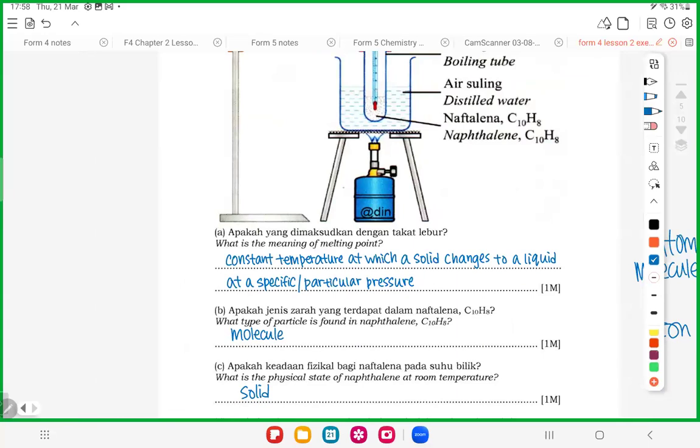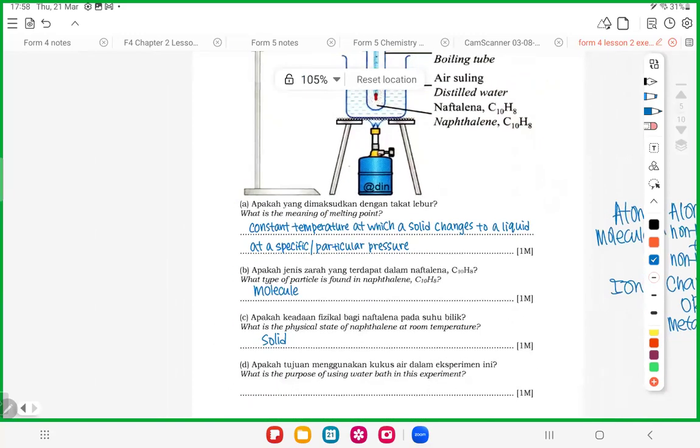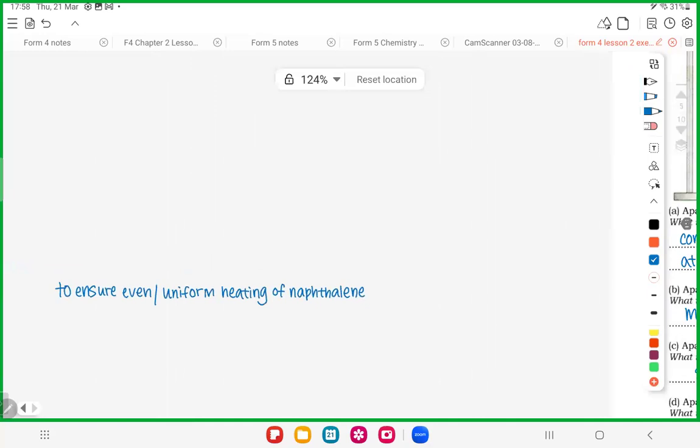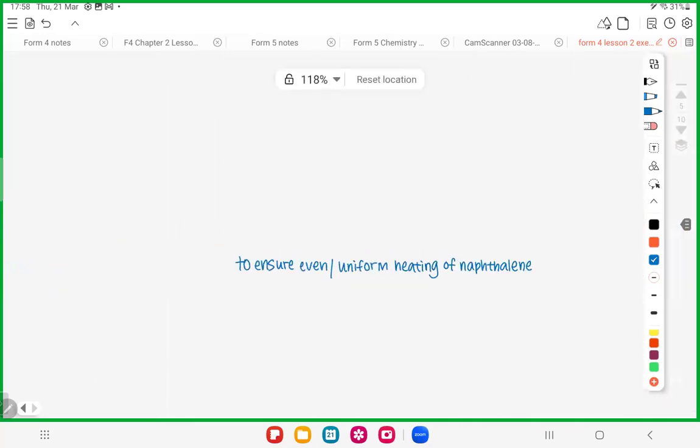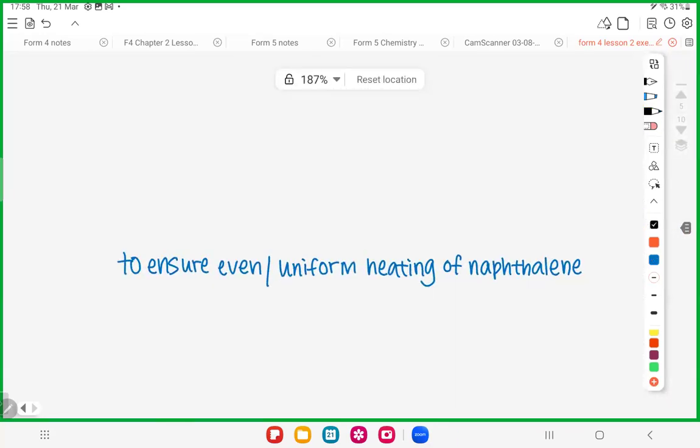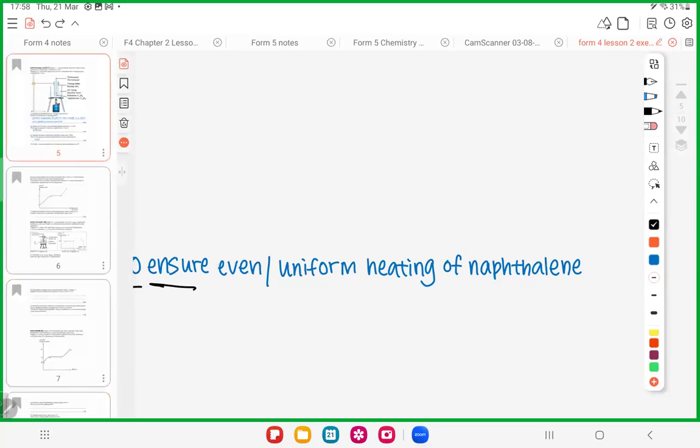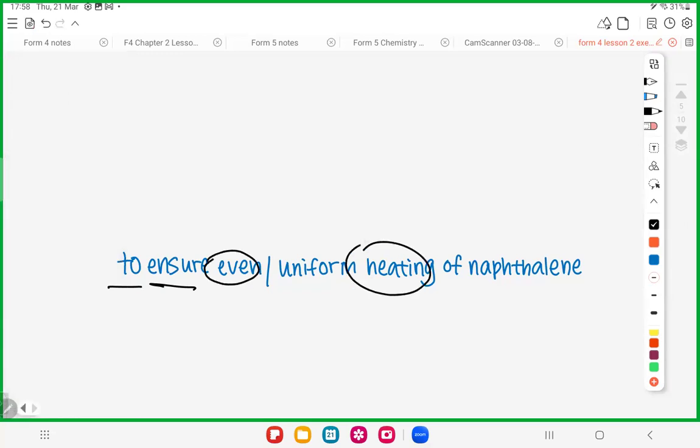Uniform heating. You can use the word uniform heating, or you can use the word even heating. But try to put in a more proper sentence. To ensure uniform heating, to ensure even heating. You want to heat what? Naphthalene.